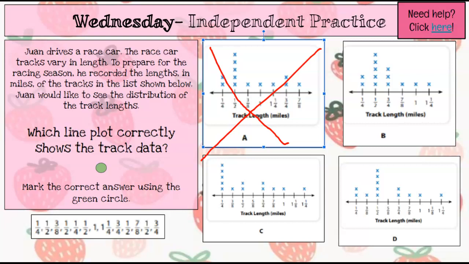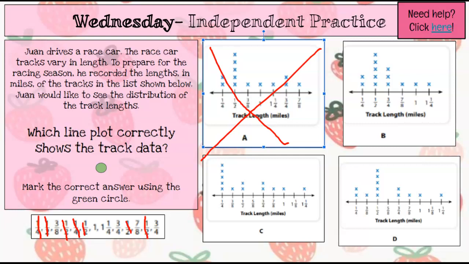So now we need to actually look at our data to see which one of these three remaining options is the correct answer. Looking at B, it says that there's 2 lengths at a quarter. So 1, 2, and that's it. So far, this is a correct graph. Let's look at 1/2. It says there's 1, 2, 3, 4, 5 halves. So again, still correct there.